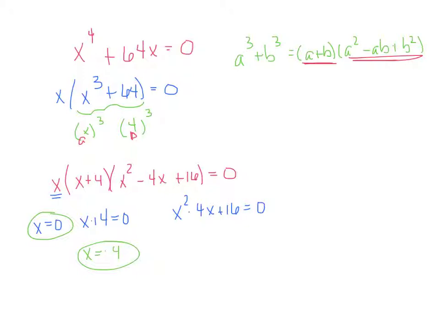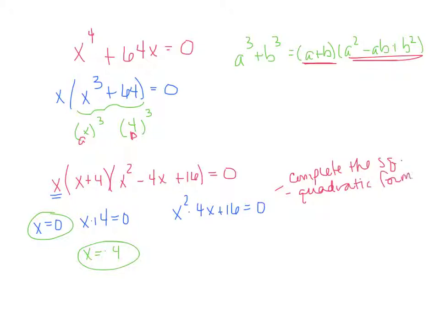You could complete the square with it, or you could do a quadratic formula. I more intend to use quadratic formula, but just for the sake of practicing completing the square, this would be a good one. So you might just jot yourself a little note, either complete the square or quadratic formula. One of those is going to be needed to solve this.